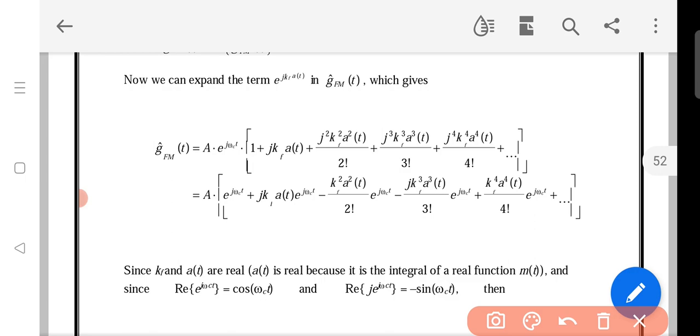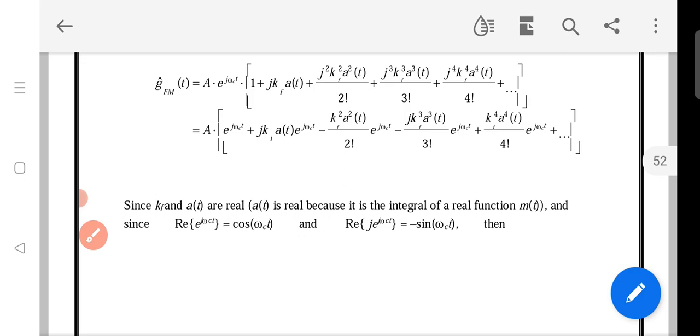Now you just multiply all with e power j omega ct. The step by step procedure is not possible here for online classes, so we directly skip some steps. You just practice the step by step procedure in your class notes.